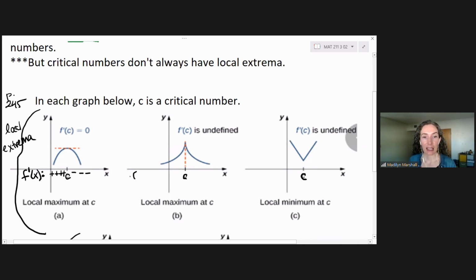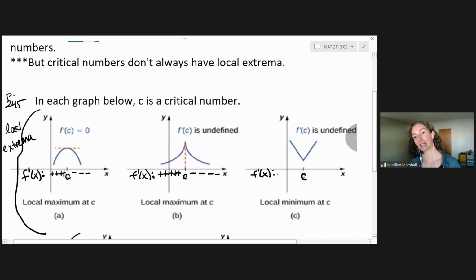And if we made a sign chart for f prime of x for each of these, we would find that on this one, it is another maximum. And the slope is positive on this left side of C, and then it's negative on the other side. So it's going up, and then it's coming down.